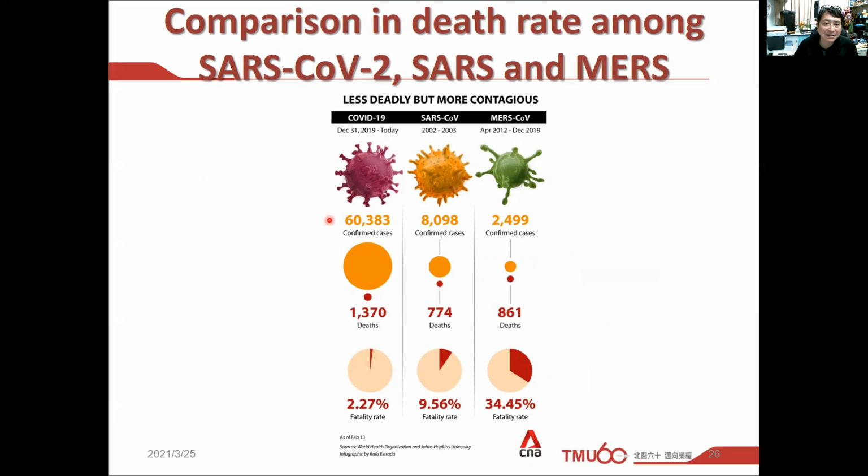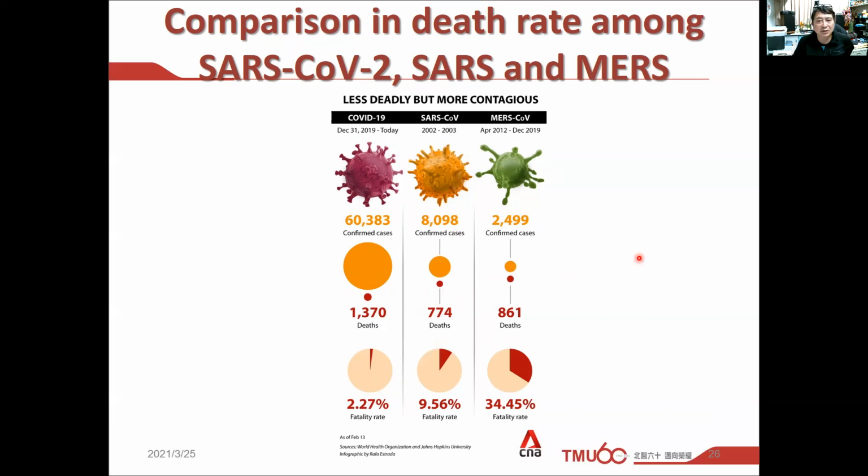You can see that the SARS-CoV outbreak occurred between 2002 and 2003. It has been confirmed more than 8,000 cases and 774 deaths, and the death rate is around 9.56%.